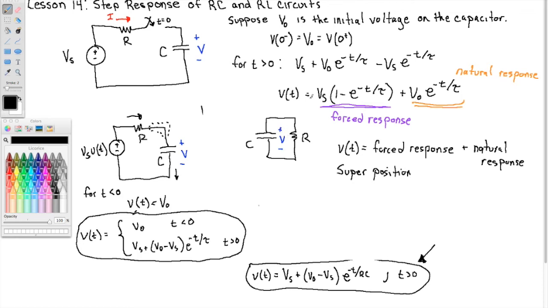So when the voltage source in this original circuit is switched in, until the capacitor dies down, we effectively have two sources there, the capacitor and the voltage source. So it's not a surprise then, because we know superposition, that the capacitor voltage V is a sum of the capacitor voltage, the natural response, and this other term, the forced response.